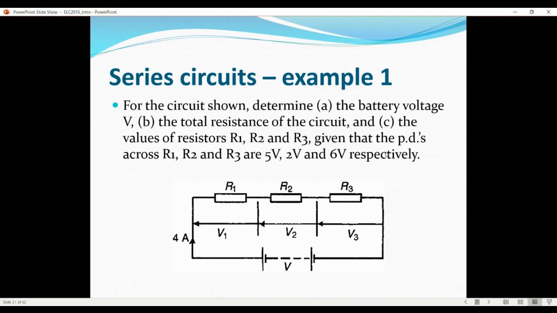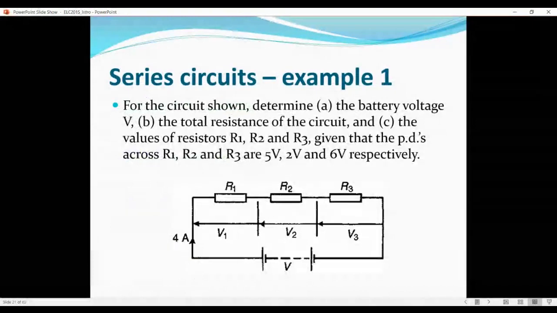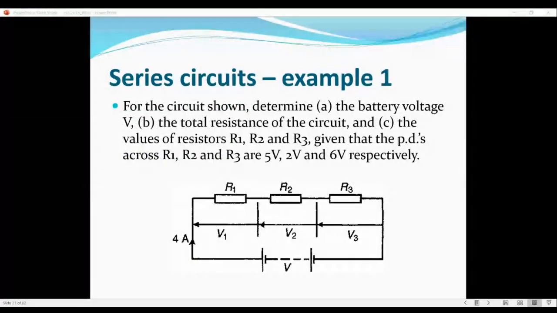Can someone give me the voltage quickly? Who is smart here? It's very simple questions, like I said, just to warm you up. Very basic stuff. 13 volts? 5, 2, and 6, that's 13 volts.